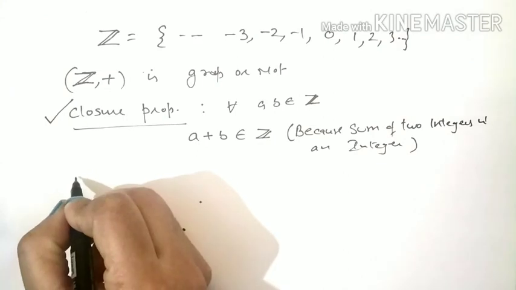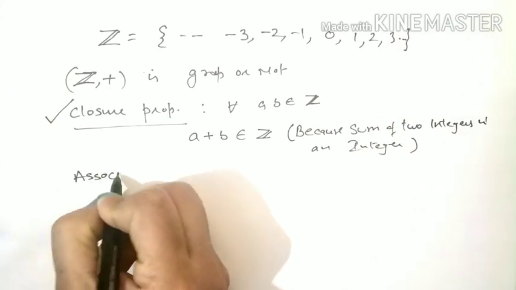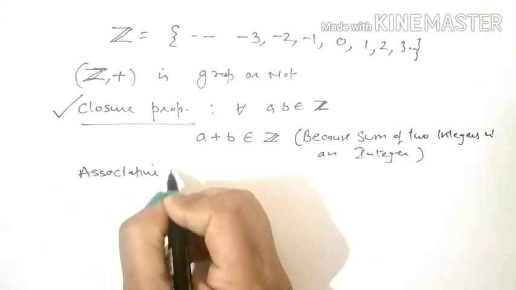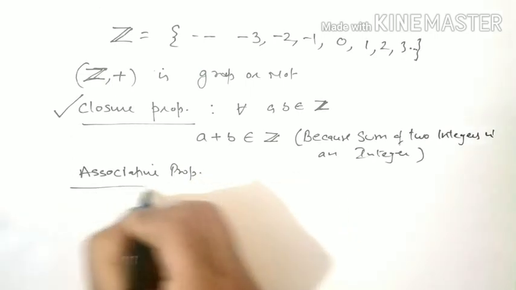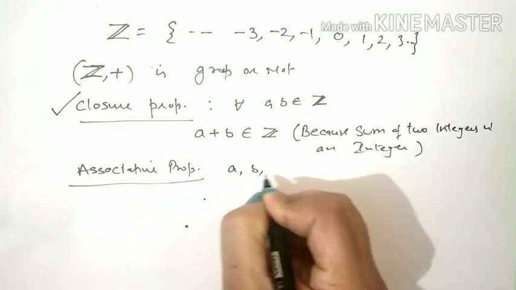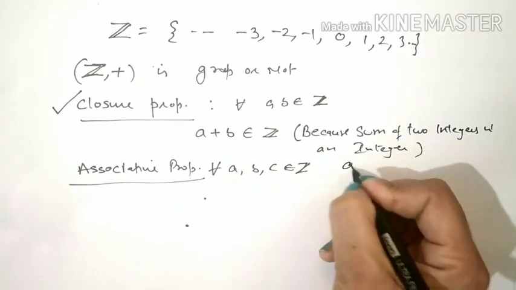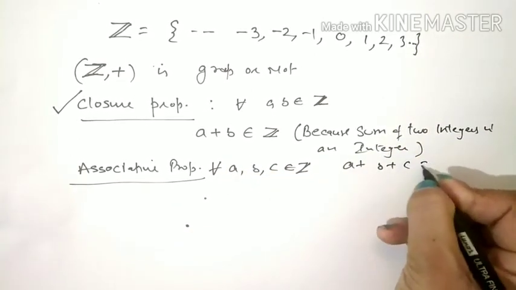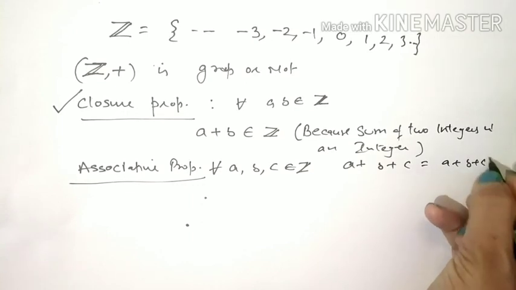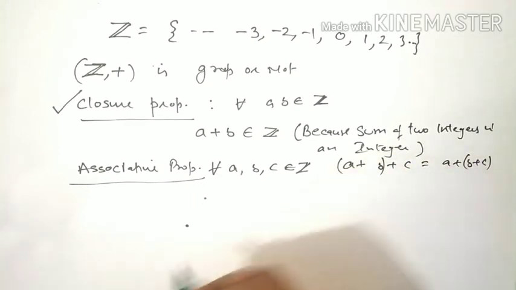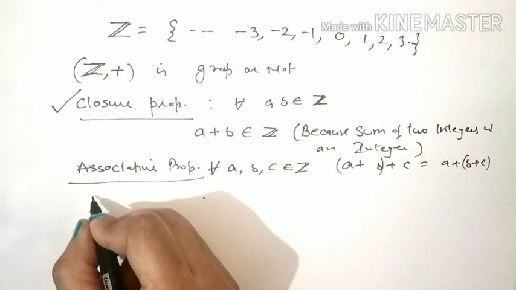Now next is the associative property. So associative property means if you take three elements from the set of integers, (a plus b) plus c is equal to a plus (b plus c). Just you have to change the bracket here. Why is this true?